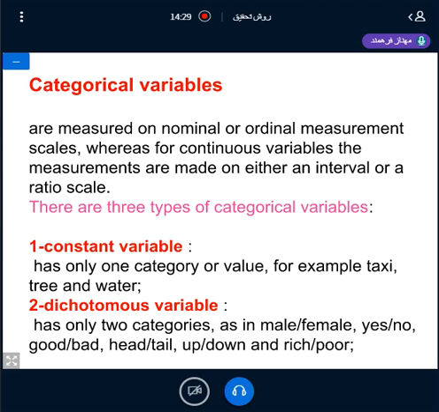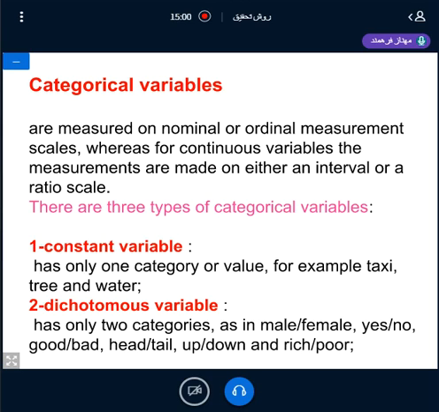So in categorical variables you can see a kind of measurement, nominal or ordinal, and this type of variable can be divided into different types. We can observe three types of categorical variables here.